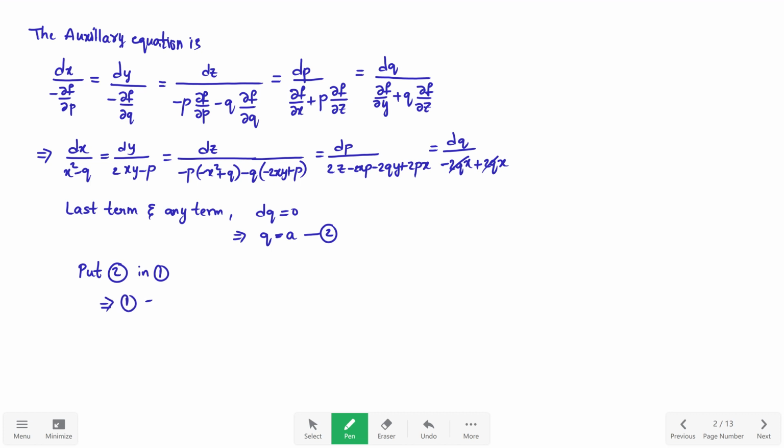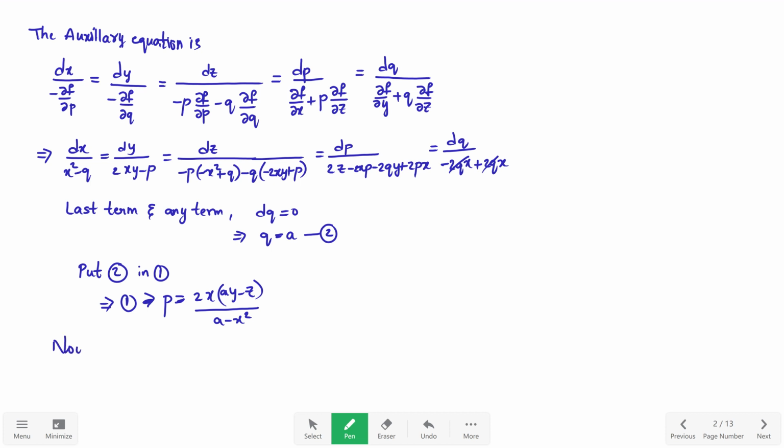Now to find another solution, simply put this q value in equation 1. Then we get the p value, that is p equal to 2x into (az minus a squared... ) on simplification. Now we have to put these p and q values in dz to find the solution.